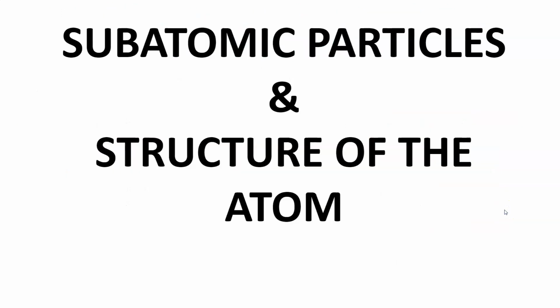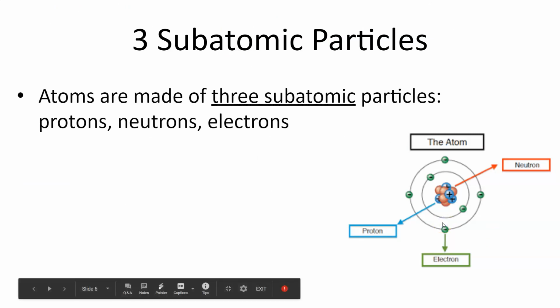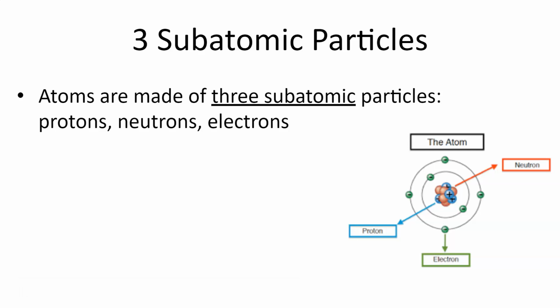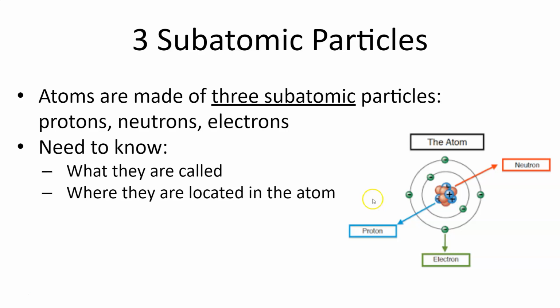Okay, so let's talk about these subatomic particles and the structures of atoms. There are 3 subatomic particles, protons, neutrons, and electrons. Now, you must know not only the names of these subatomic particles, but there are some other things you need to know about subatomic particles as well. You need to know where they're located in the atom, and we'll look at the structure of an atom in a moment.